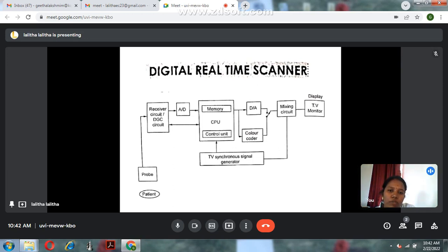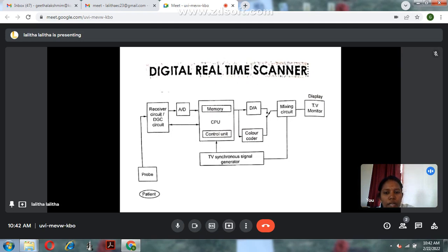The CPU consists of memory and control unit. The signal is stored in this memory, controlled and converted from digital to analog, connected to the mixing circuit, and displayed on the TV monitor. So the body can be scanned and the image displayed on the TV monitor or computer display. This is the digital real-time scanner.